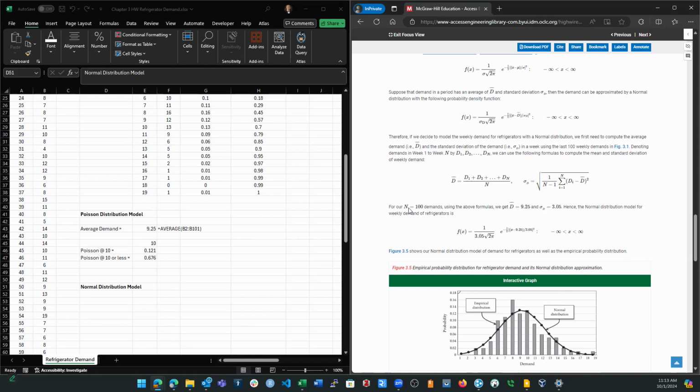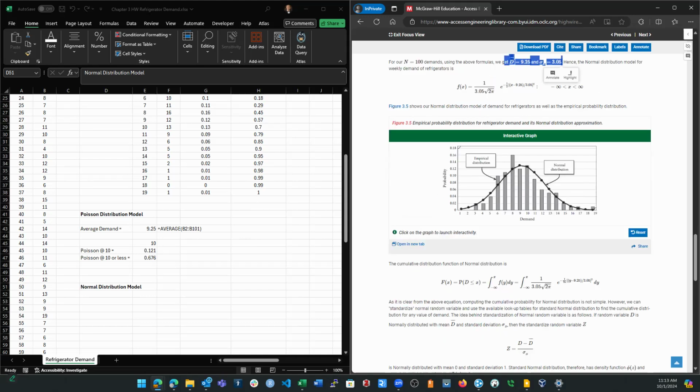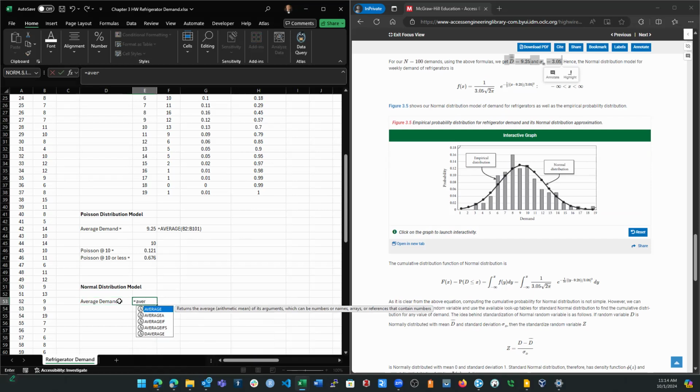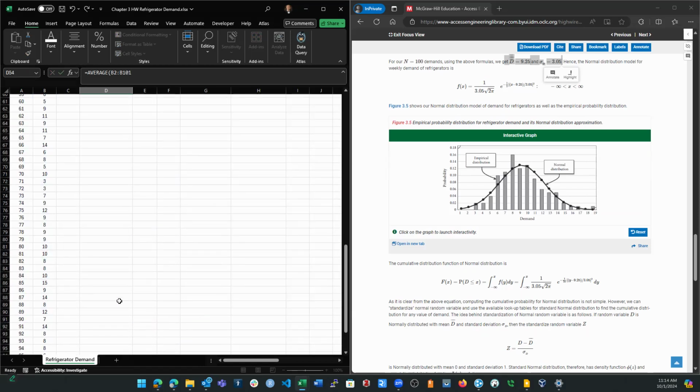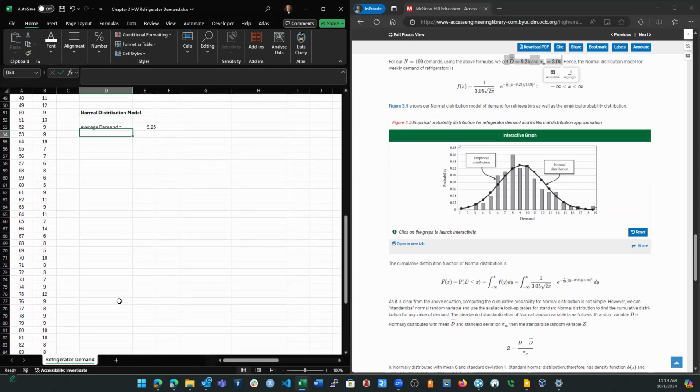So we use the above formulas, although we'll just use Excel, and we'll calculate the mean and the standard deviation. We can do that relatively quickly right here in Excel. So this is our average demand. Again, we've already done this one. We'll do it again. We're averaging all the demand. It's still going to be 9.25.